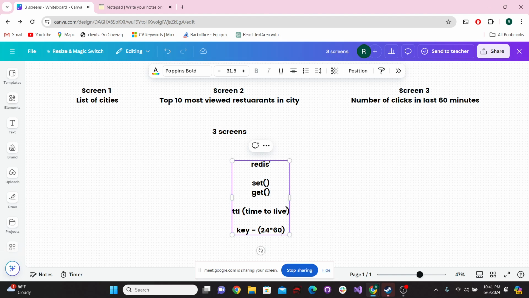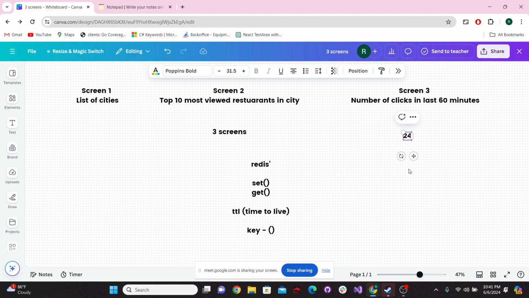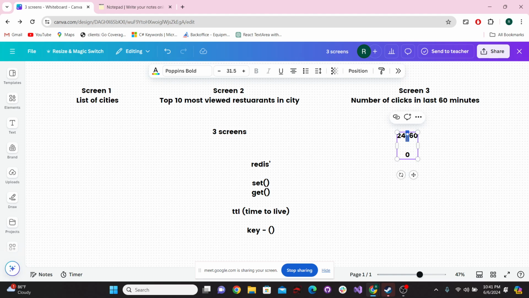So 24 times 60, what's the value? Let me just see this here. What's the value? 1440, right? So 0000 to 1440.